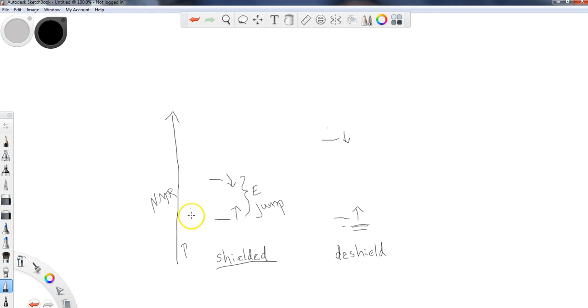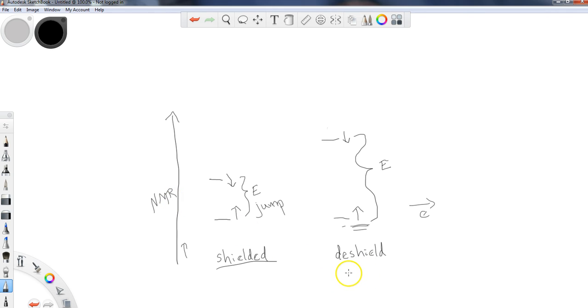Because it's not in, I don't want to say it's not in alignment, but it can't feel this NMR field as strong. I come over here, something that's deshielded or has its electrons being pulled away and removed from the nuclei. This is now in very, very strong alignment with the NMR field here. And so it requires a larger energy jump in order to go against this NMR field.